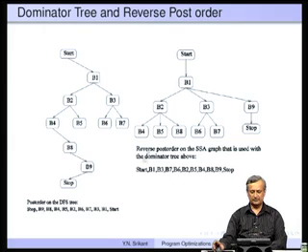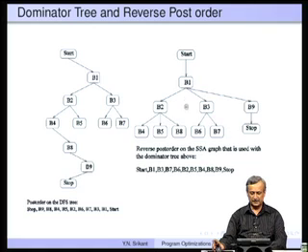So, start from the start node and use this order on the dominator tree. So, you can see that we do start, then we do B1, then we do B3, okay. Then we do B7, then we do B6, then we do B5, then B4, right, then B8, then finally B9 and then stop.